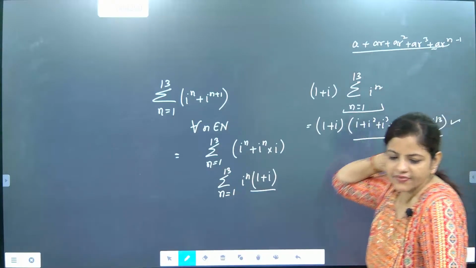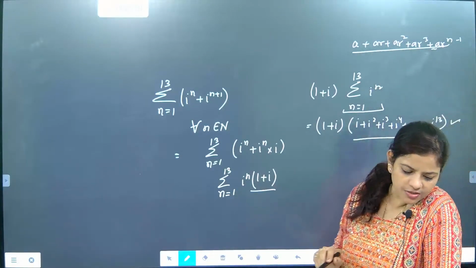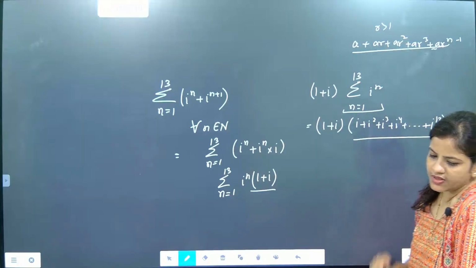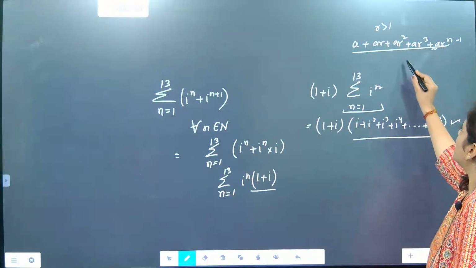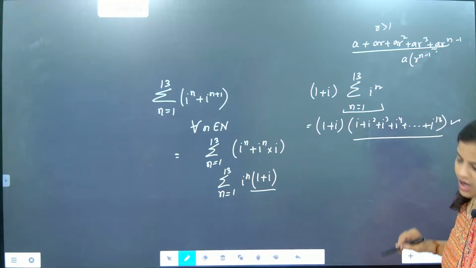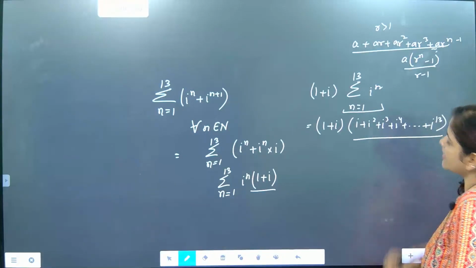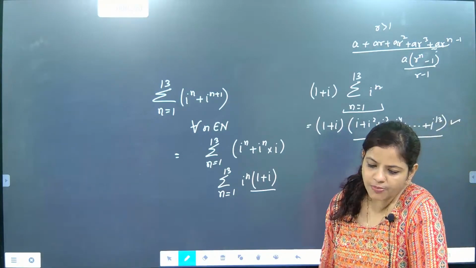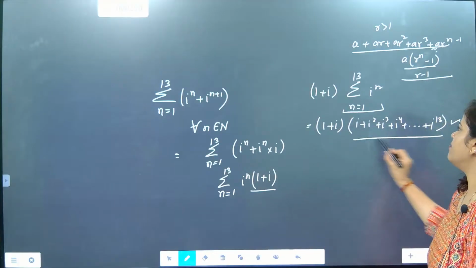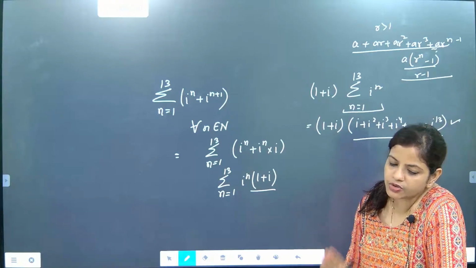This is the sum of GP, and when r is greater than 1, we write the formula a times r to the power n minus 1, divided by r minus 1. This formula we can implement here, so we use the shortest formulas to solve the question.